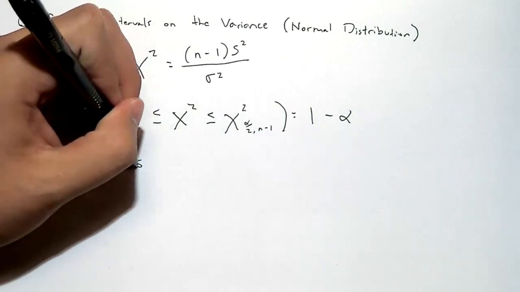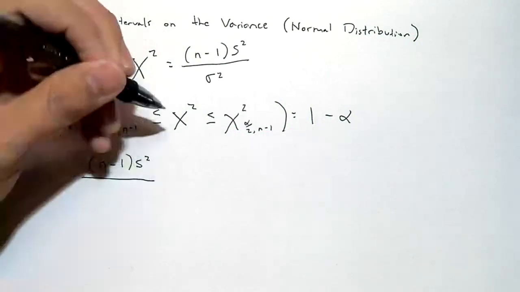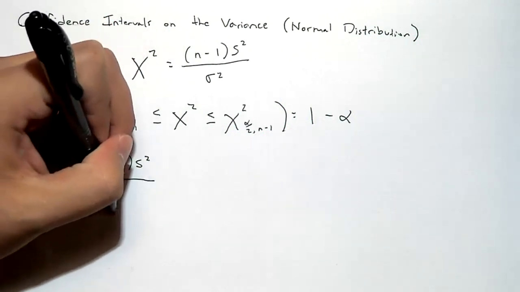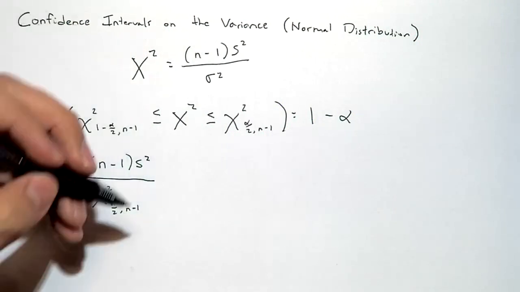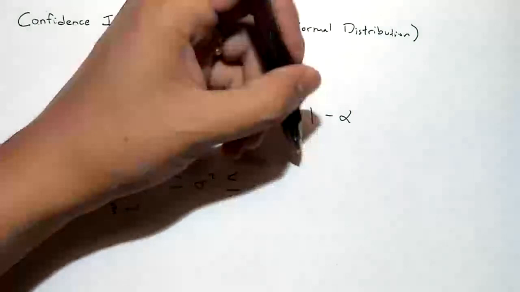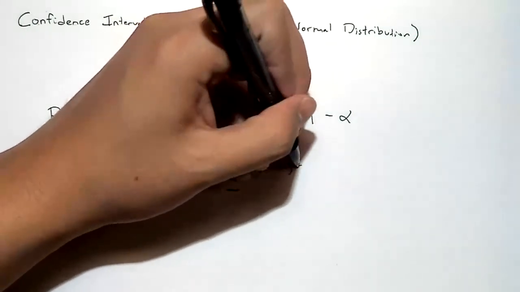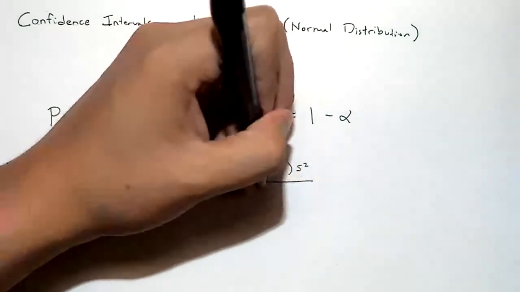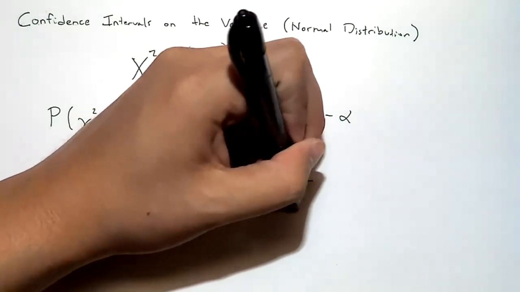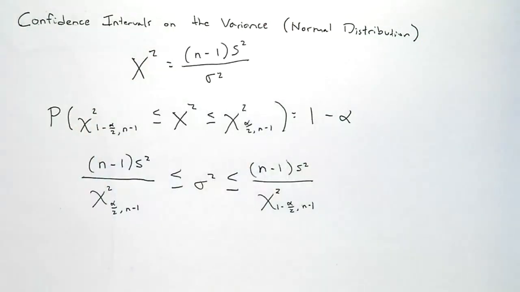And here, all we're doing is solving algebraically. This is my confidence interval for my variance. Remember, no longer the mean, now we're dealing with variance.